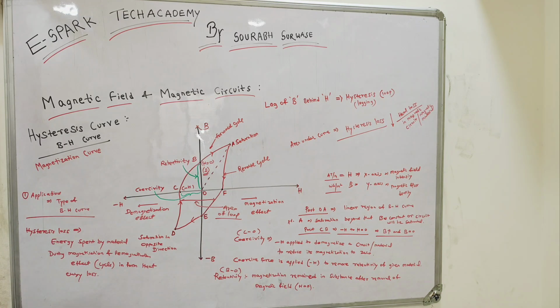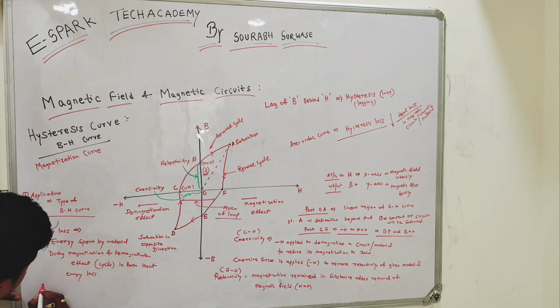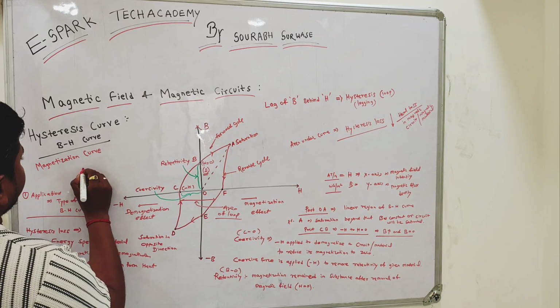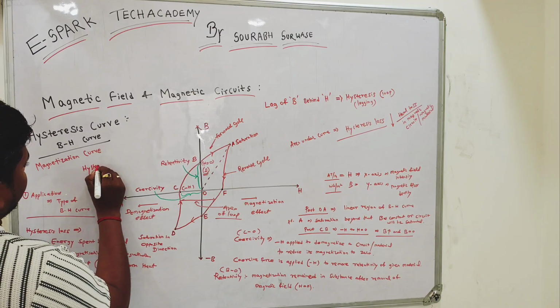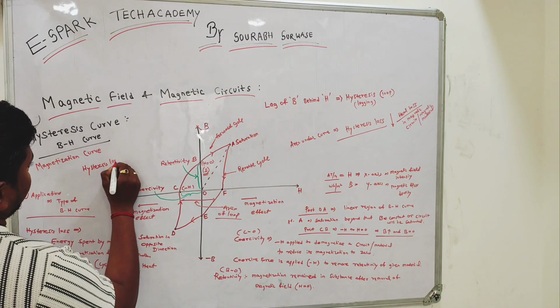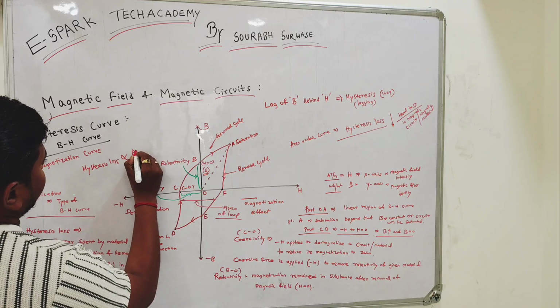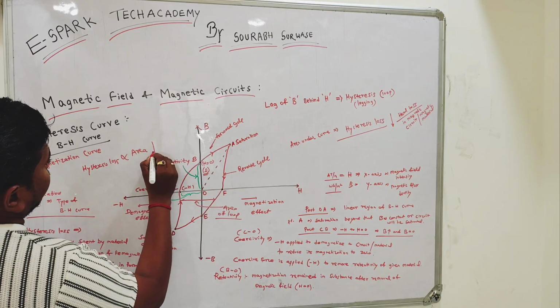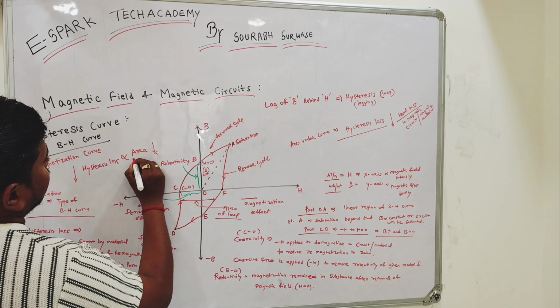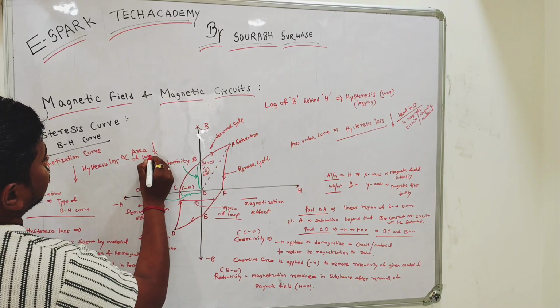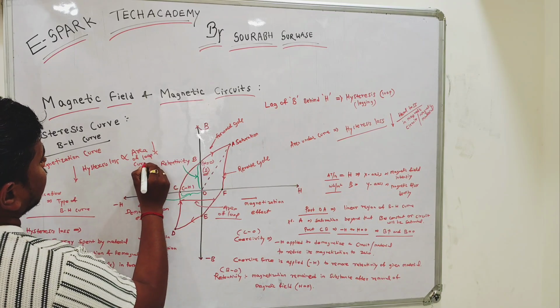It is nothing but the hysteresis loss. Hysteresis loss is directly proportional to area. If the area decreases, hysteresis loss will also decrease. The area of the loop, or you can say the area under the curve.